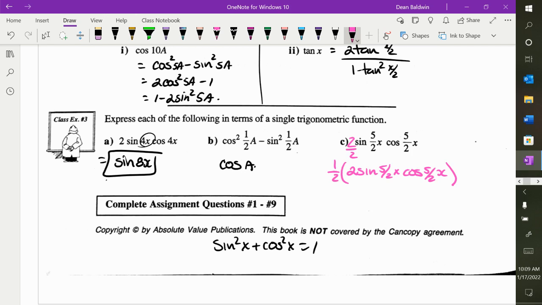What does this become? Sine 5x. What's in front of it? 1/2. Okay, so if there is no 2 there, you can put a 1 in as long as you multiply by 2 over 2.